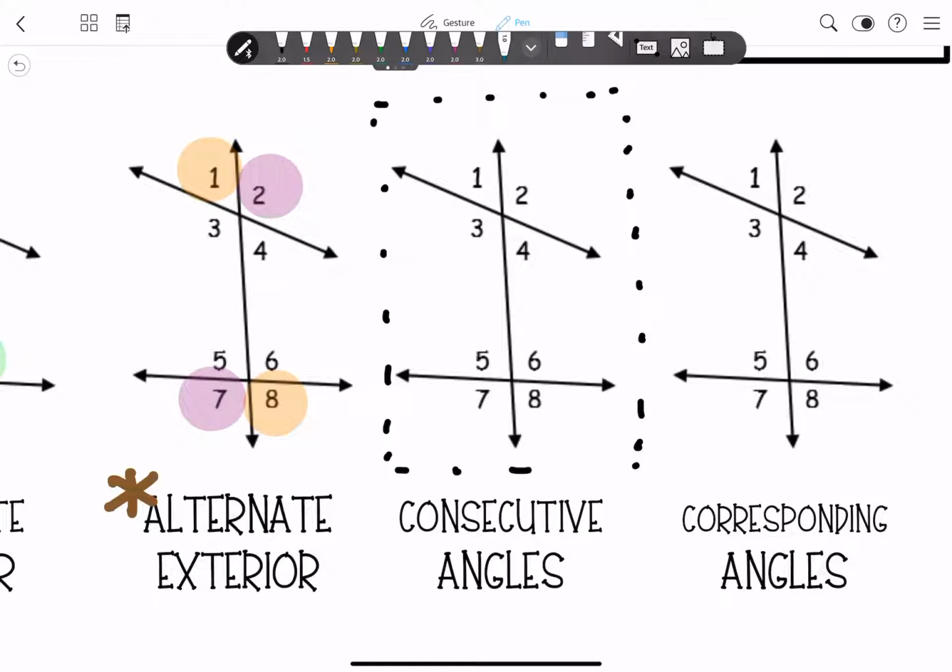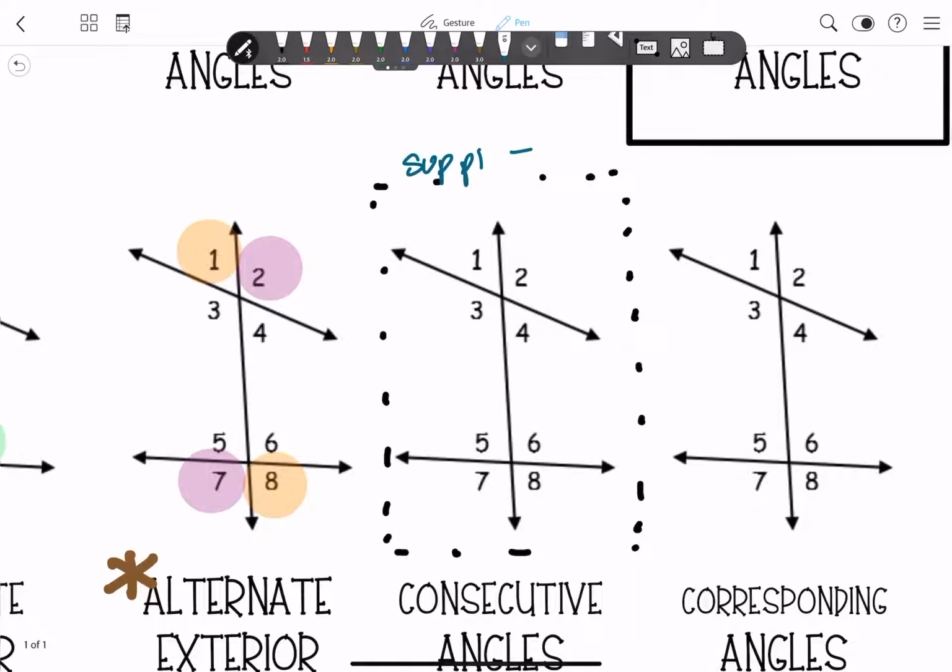All right, these are supplementary if and only if the two lines are parallel.